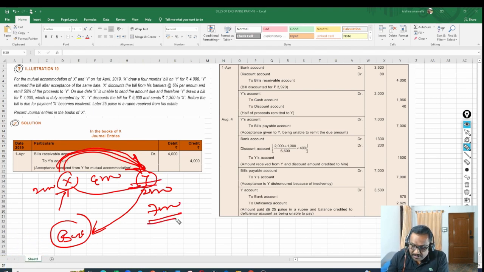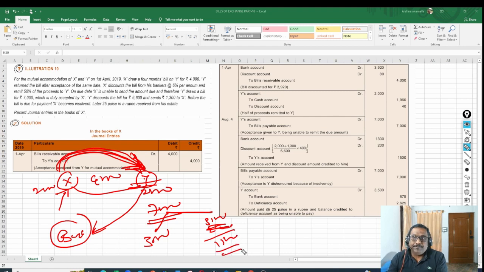Once discounted, out of the 7,000, 3,500 he has to use and the remaining 3,500 rupees he has to give to X. But he is not giving 3,500 rupees to X. Why? X is already supposed to pay 2,000 rupees to him. That amount he will deduct and the remaining 1,500 rupees he is supposed to pay.